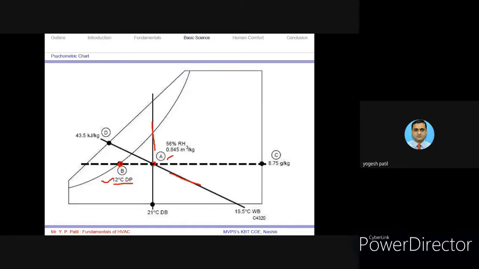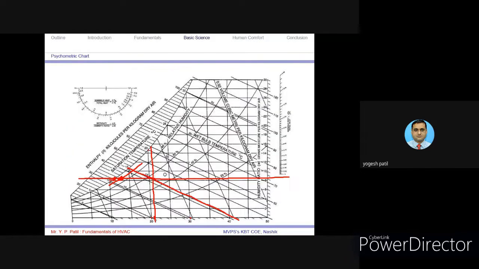And from this particular line, the horizontal line that crosses the humidity line, this one, after this intersection it crosses the relative humidity line the first time here.